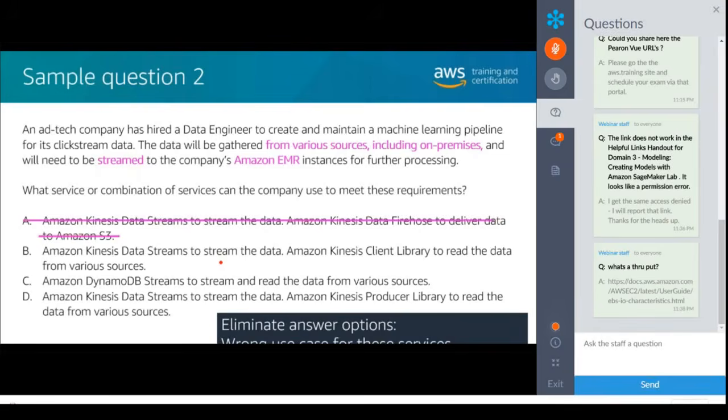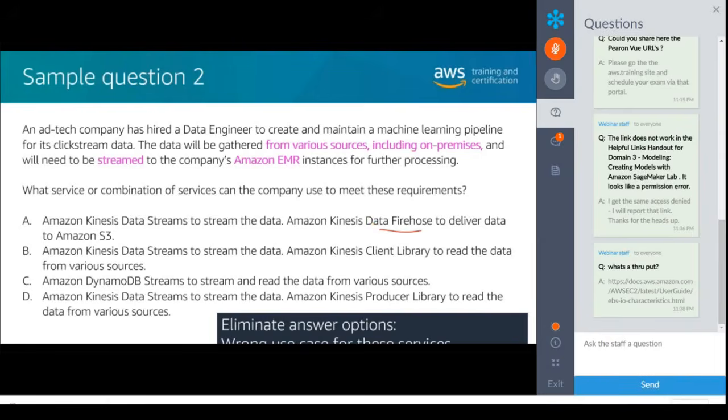We can eliminate A. So A is Kinesis data streams to stream the data, Kinesis Firehose to deliver data to S3. Actually, this should be C that we're eliminating first. C as well. So DynamoDB streams, I think I already said. We're going to get rid of DynamoDB streams because it just adds more complication to the mix, right? So basically, eliminate the obvious wrong answers.